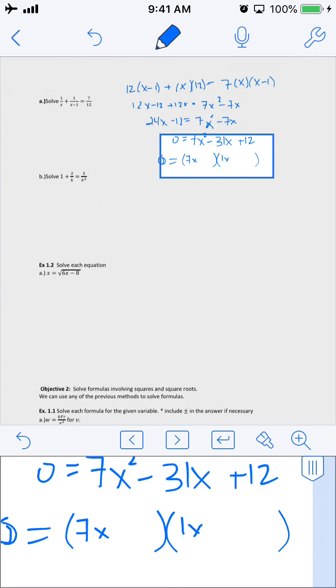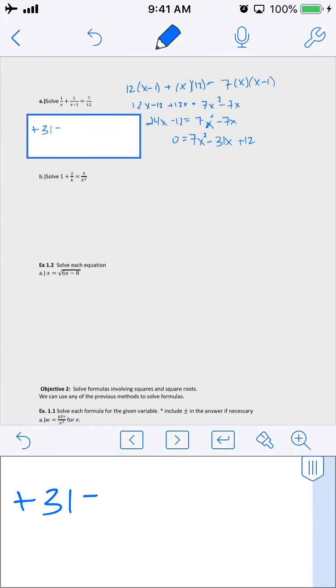Dang it. 7 times 3 would be 21, plus 4 would be 25. 6 times 7 would be 42, plus 2 would be 43. I do not think this factors. So I'm going to call it quits on the factoring. So, we'll go ahead and go to the quadratic formula now.